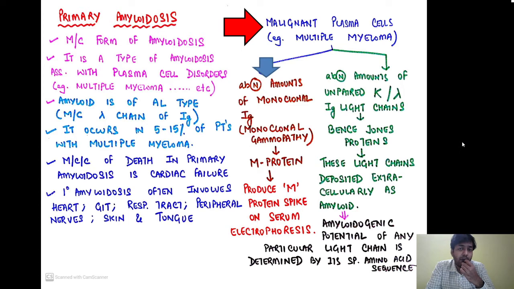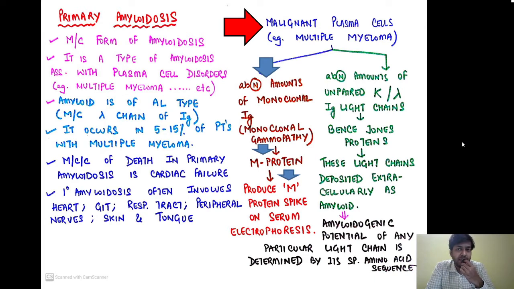One is abnormal amounts of monoclonal immunoglobulin, that is the antibodies. That is why this disorder is also called monoclonal gammopathy, because just a single type of antibody is getting produced. This monoclonal immunoglobulin is also called the M protein, and it produces a characteristic M protein spike on serum electrophoresis.